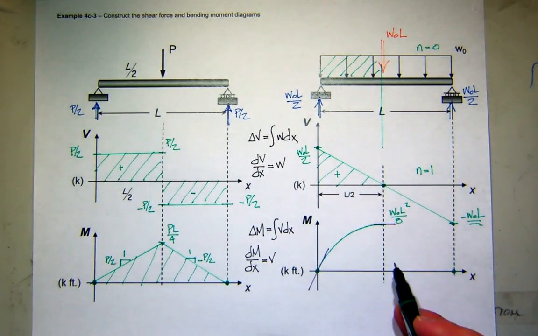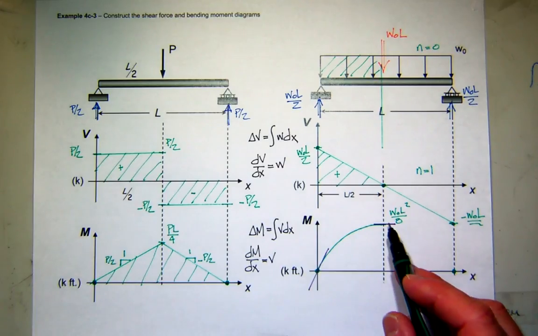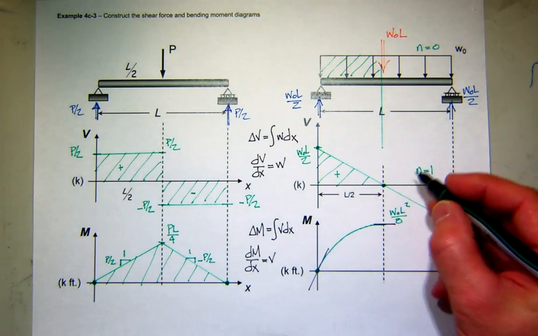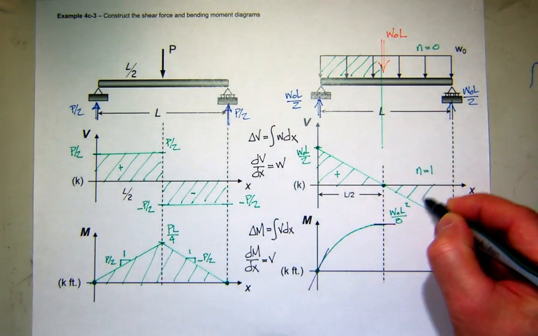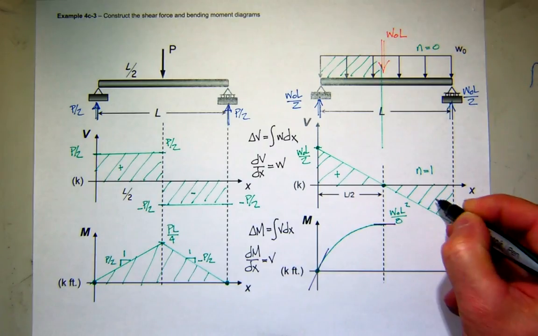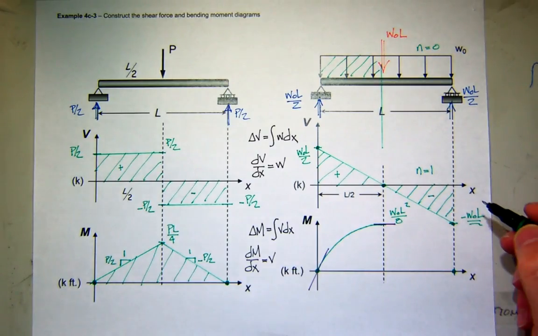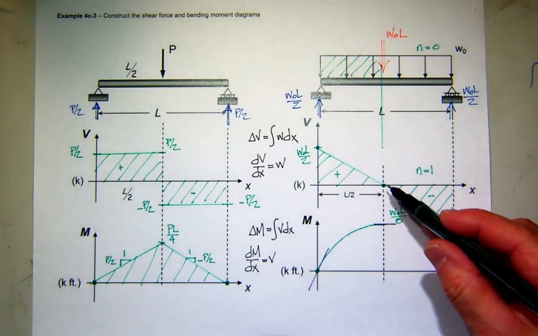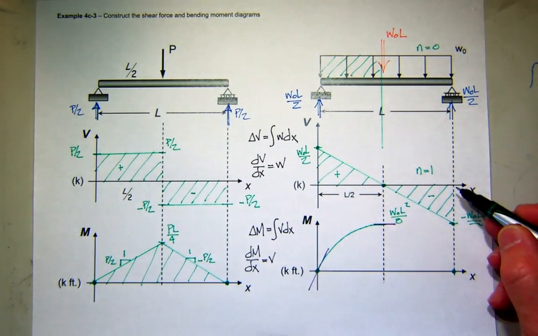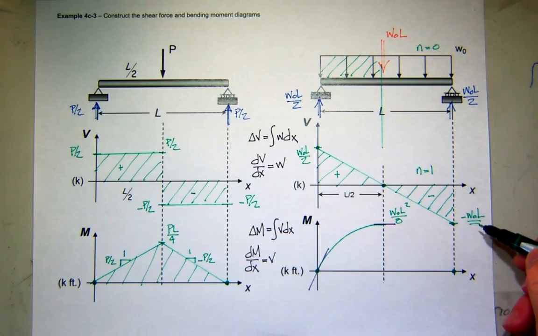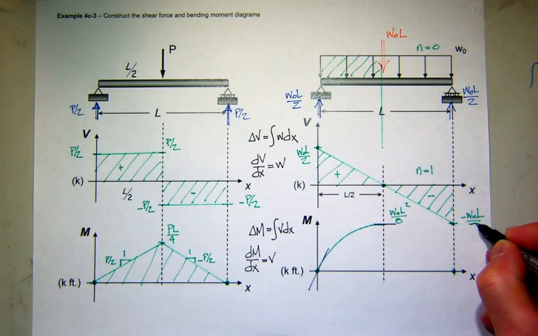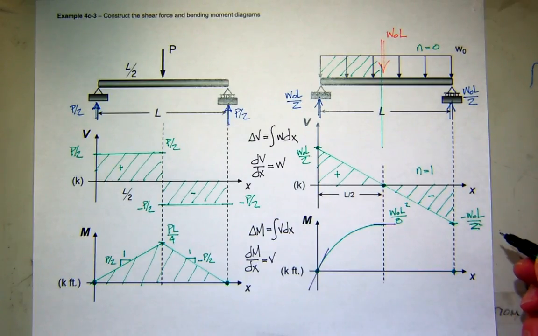Now what happens on the second half? Well, the change in moment between these 2 points is now the area under this part of the curve, which is a negative area. It's a triangle, so 1/2 base, L over 2, times height, minus W naught L over 2. I don't know what happened there. That should be a 2. So that ends up being negative W naught L squared over 8.